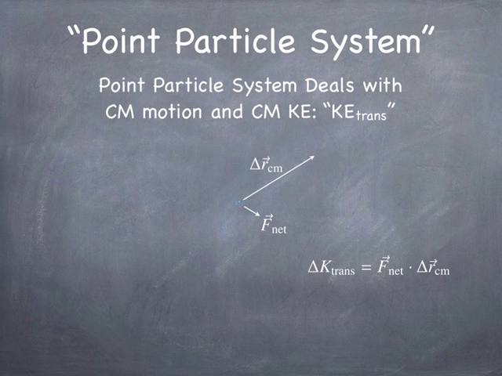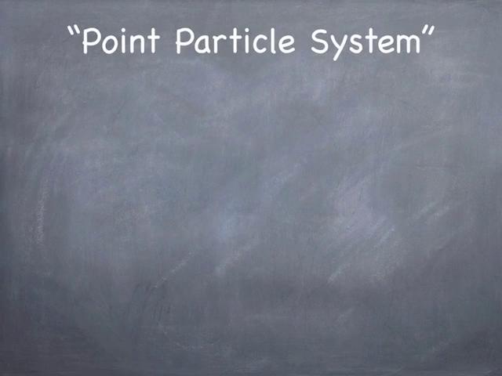And so I can compute the change in the translational kinetic energy without worrying about the details of any of the relative motions of the particles relative to one another or any of their changes in internal potential energy. It's simply the net force dotted into the displacement of the center of mass. And of course if the net force is a variable, not constant, then I can convert that into an integral. But I would say this is the trickiest part from the whole chapter to become familiar with.